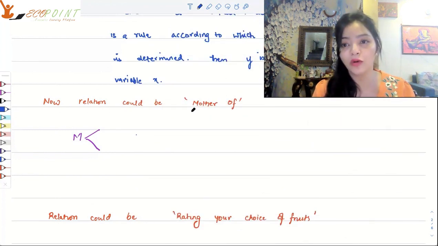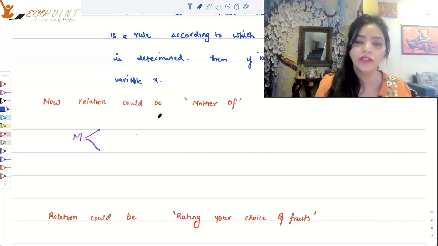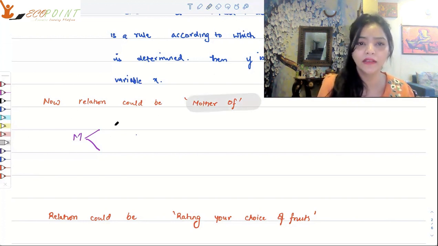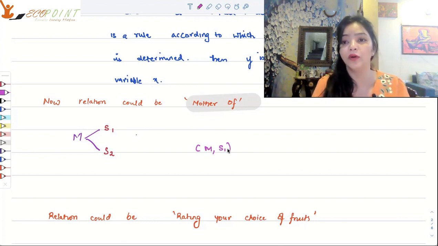I will now talk of two simple examples of relations, and then later on we will see whether we can call these relations functions once we formally define a function. So the relation, say, mother of. M is a mother of, say, two sons, S1 and S2. Hence, the ordered pair that you will see here will be (M, S1), because M is a mother of S1.